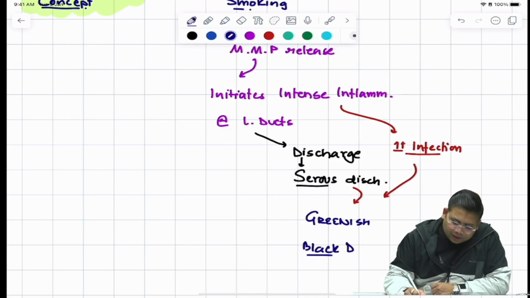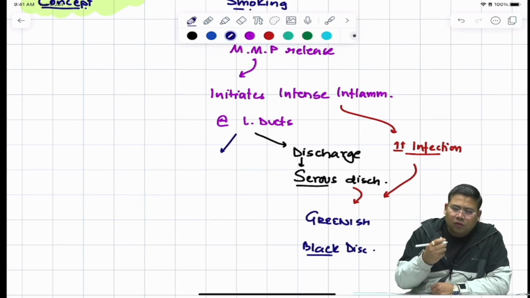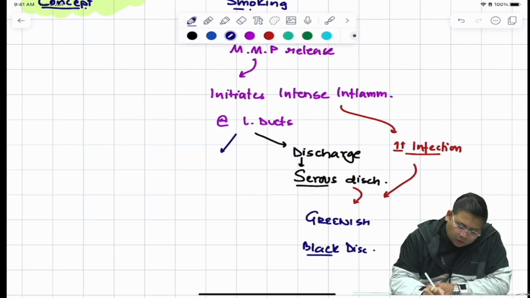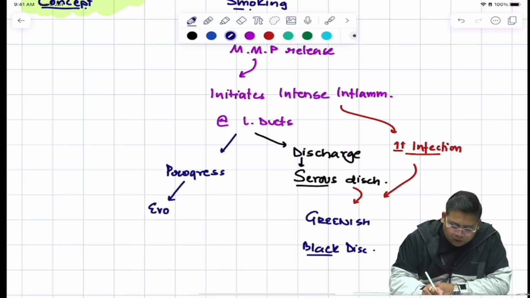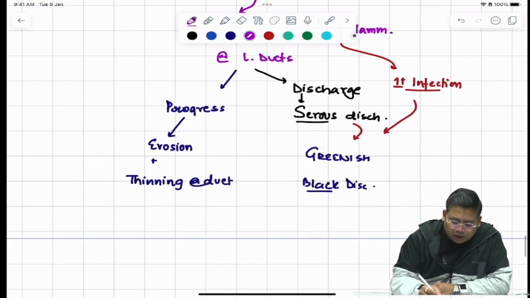So greenish black discharge is happening as the intensification of the inflammation happens. So as there is progress of this inflammation, there will be two things. There will be erosion of the duct, and along with that there will be thinning of the duct. So since there is erosion and thinning of the duct, there will be two changes. Because of the erosion, you will have what kind of discharge? You will have the bloody discharge.